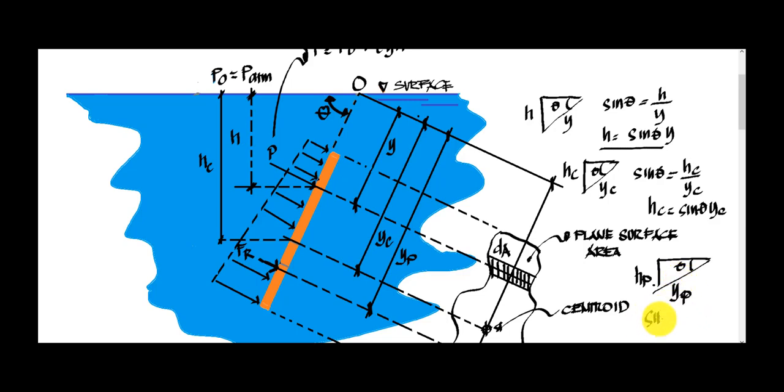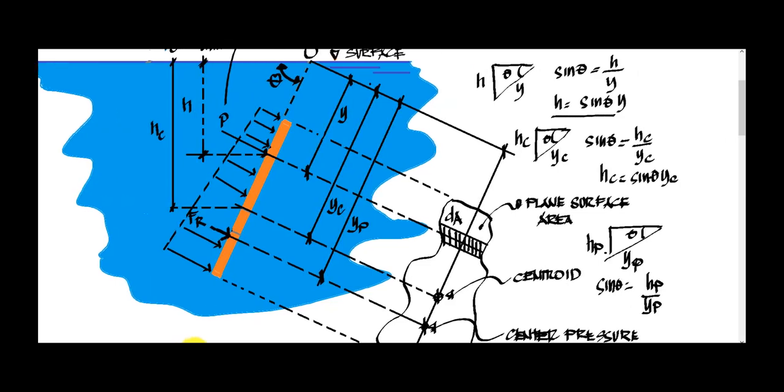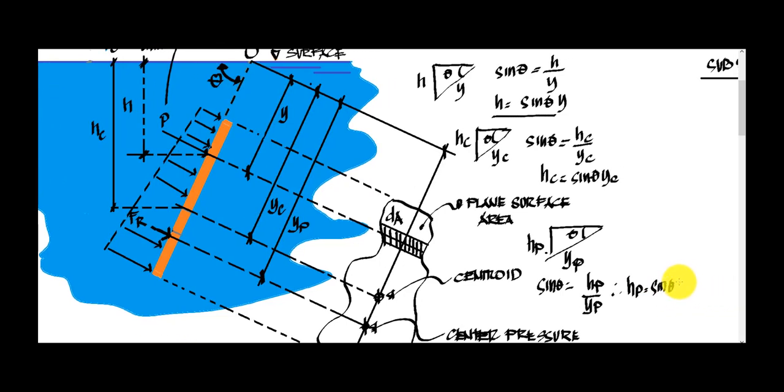We can determine it using the sine of theta, which is equal to the opposite over YP. To get the value of HP, HP is equal to sine of theta times YP.